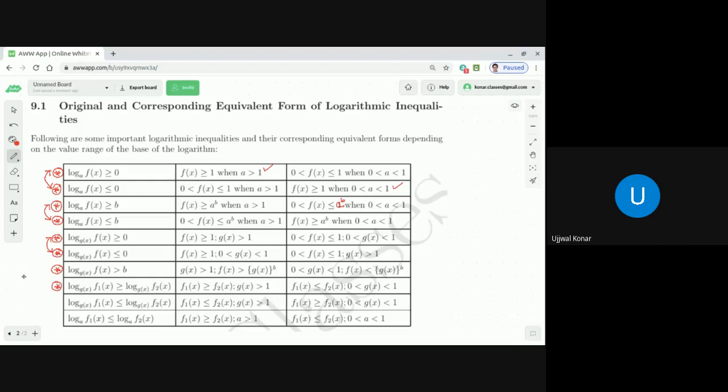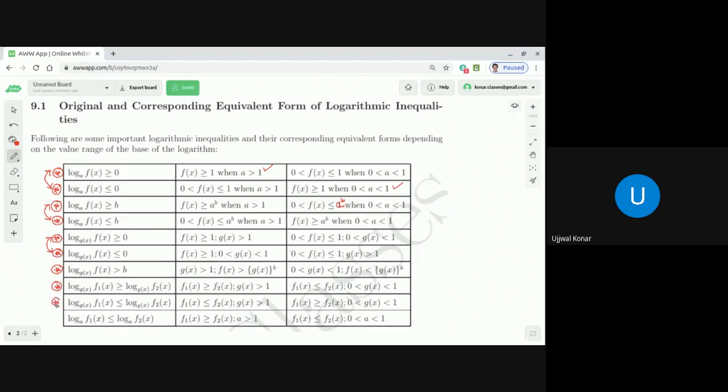The next one is related to the previous one, only the inequation gets changed. That is, log of f1x base gx less than equal to log of f2x base gx implies f1x less than equal to f2x if gx is greater than 1, and f1x greater than equal to f2x if gx is in between 0 and 1.